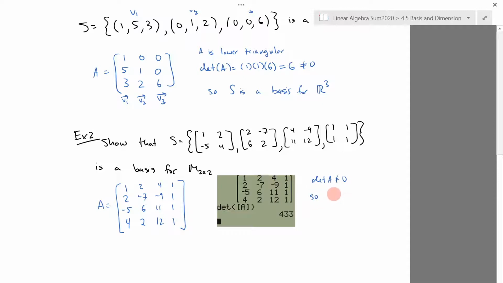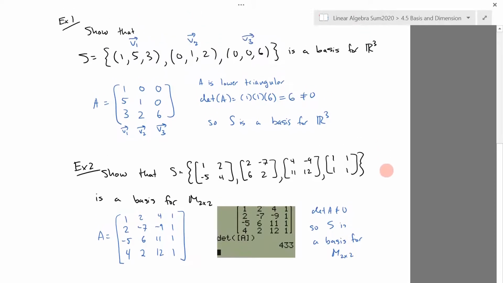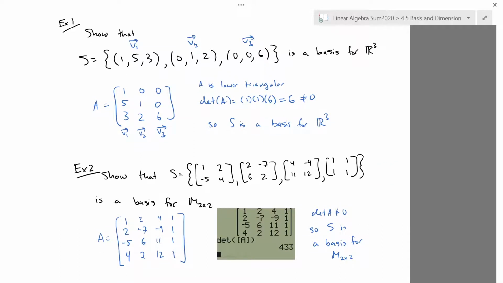So that means that S is a basis for the space of 2 by 2 matrices. Okay, so basically, if you have a non-standard basis, we can just set up this matrix here and calculate the determinant to verify whether it's a basis or not.